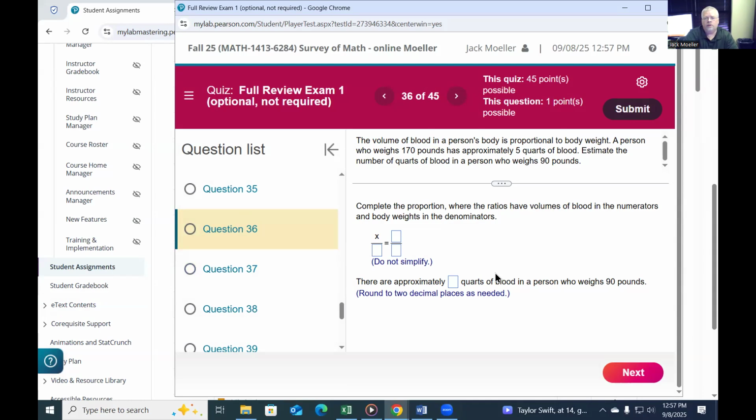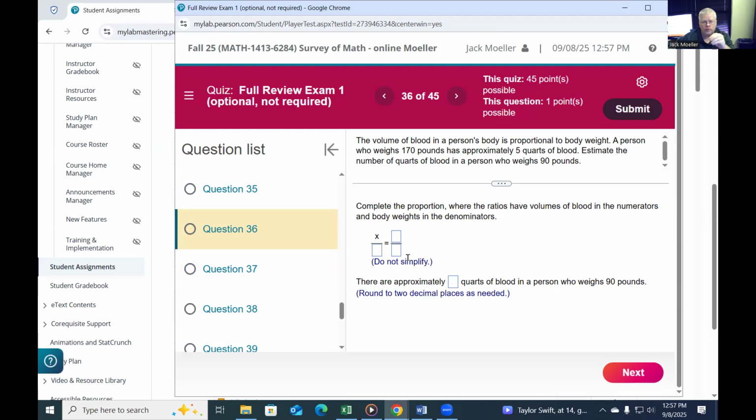So here's number 36 of mine. You'll be solving equations, then you'll solve proportions, then you'll get into word problems. These word problems are proportion word problems. And so there's two kind of possibilities here. One, and again, you have these in the homework, you have them in the quizzes, where it tells you to set up the proportion first. So when it says do not simplify, that means don't solve it.